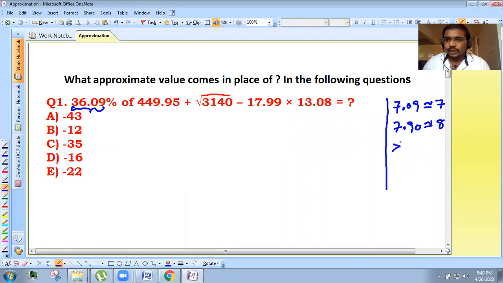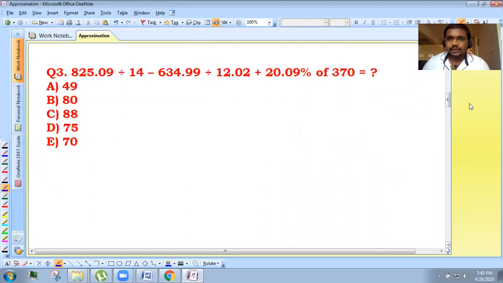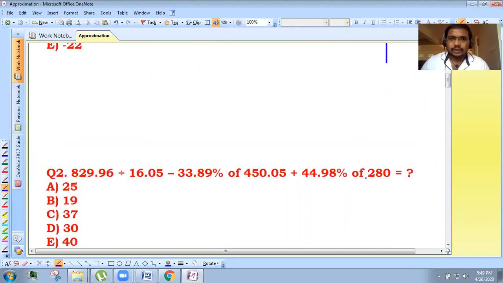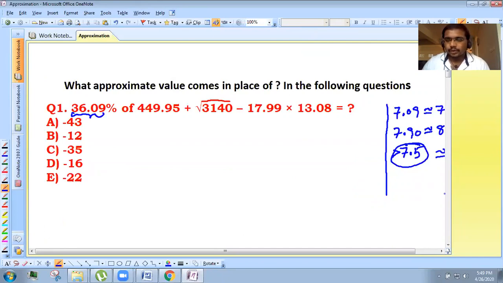If it is more than 7.5, then it is always treated as approximately equal to 8.